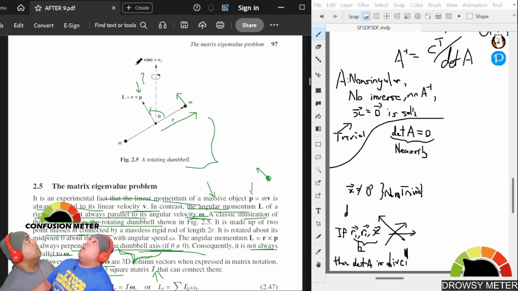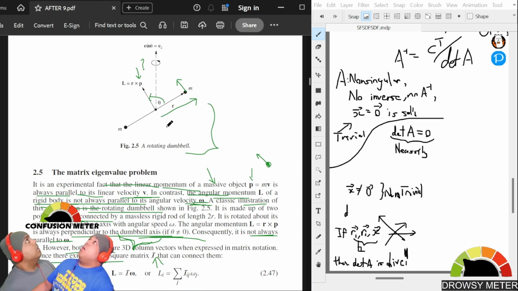So it's being rotated like this. R is the position vector of the mass. P is the linear momentum of the mass, which I assume is tangent, the velocity.